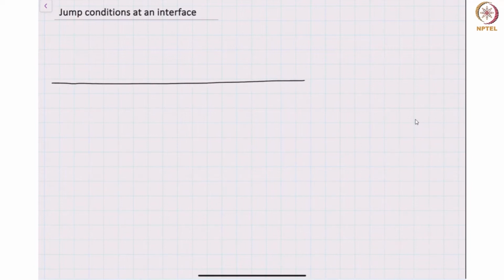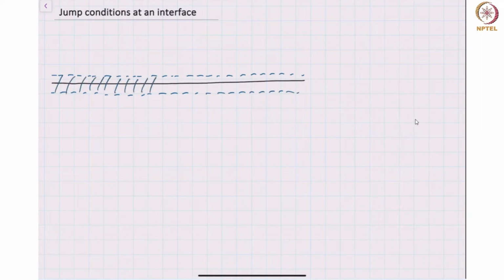So when I say air-water interface, what we really have is, if we zoom in very close to the interface, a small region very close to the interface, where, in the shaded region that I'm showing here, water and air coexist.